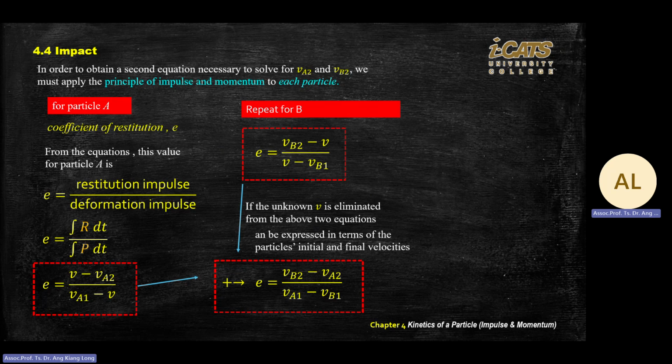You use this form. But if you flip, okay, at the moment you accept this one first. What is important? You always take big number minus small number. High speed minus low speed.